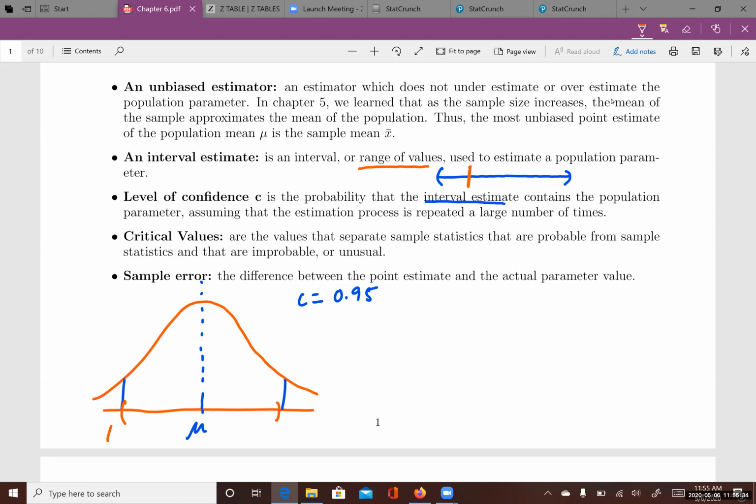The lower bound and the upper bound of your confidence interval will capture the population mean, and the probability under this area is about 95%.